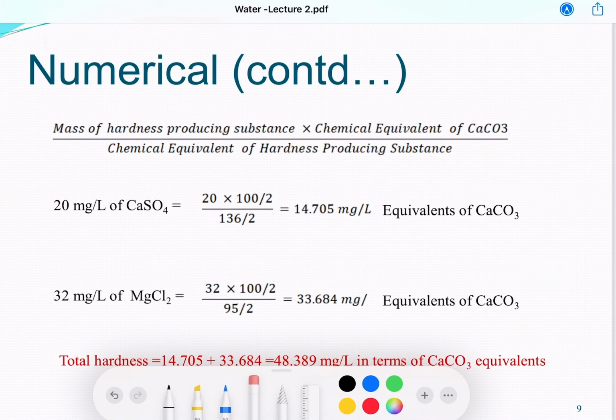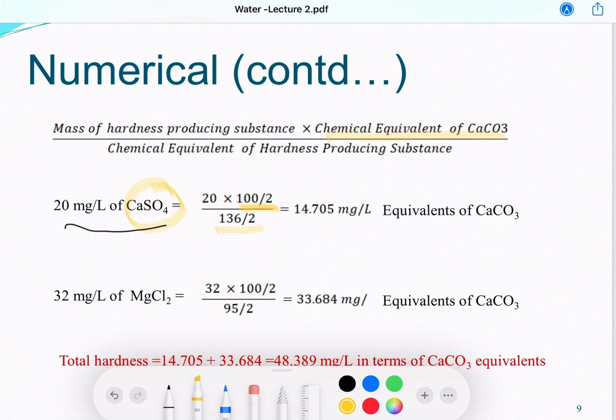Again we have taken the same formula and placed the values in it. The question says 20 milligrams per liter of calcium sulfate. So it is 20 into 100 by 2. What is 100 by 2? It is the chemical equivalent of calcium carbonate, divided by 136 by 2, the chemical equivalent of calcium sulfate.